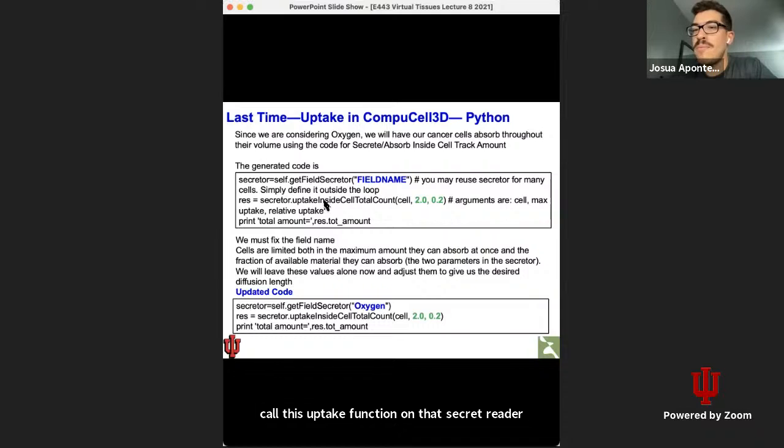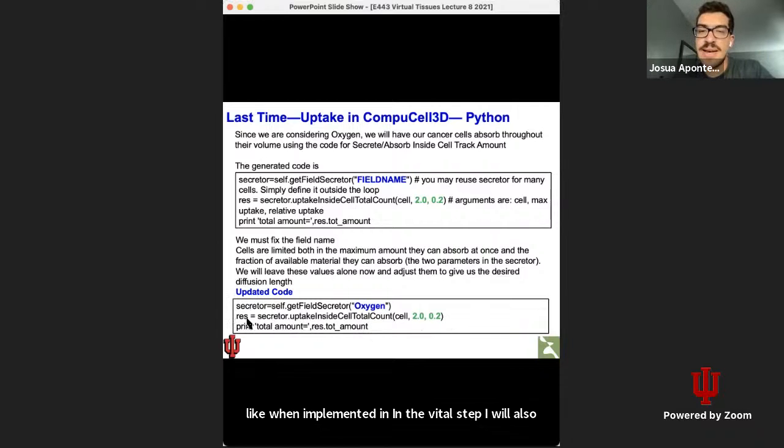We have similar options to those that we had with the secretion in terms of where on the cell the uptake is happening. This uptake function takes 3 arguments: the cell that it's uptaking, what the maximum uptake is, and then what the relative uptake is, just as I explained before. And here we see an example of what this code looks like when implemented in the Python step.